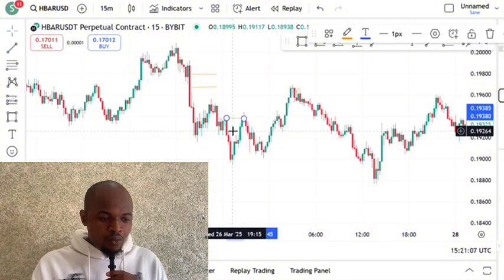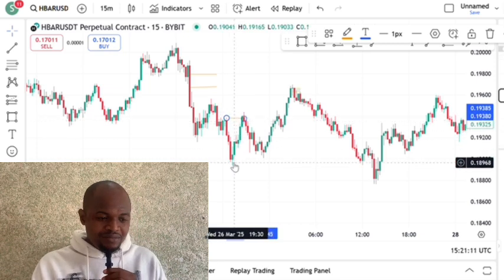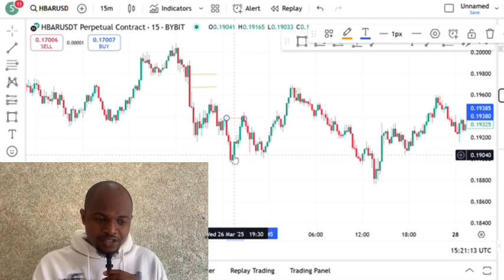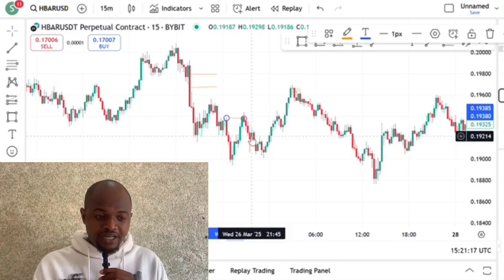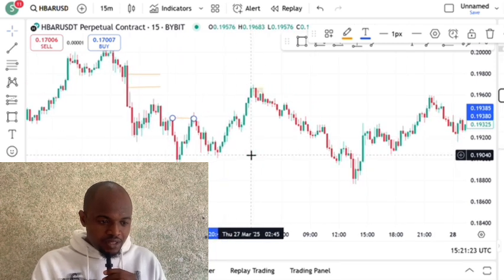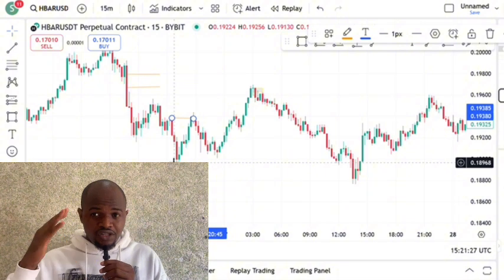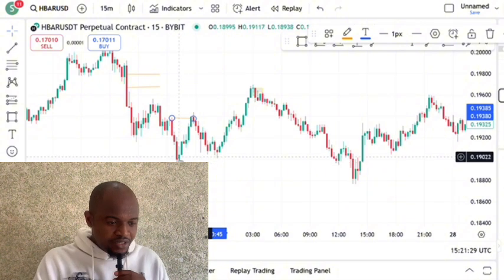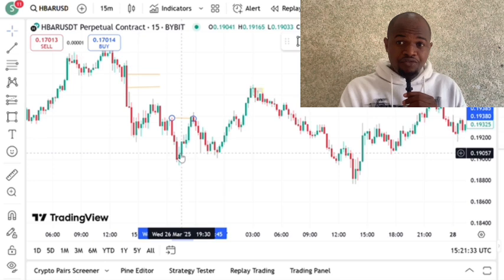All right, so what happens is that when this break of structure happens, you look at the base, the beginning of the wave that broke the structure. That is where you mark out your order block. So if you want to mark out your order block at this point for a long position, if you want to long the market, you come down to the base of the order block or the base of the wave.